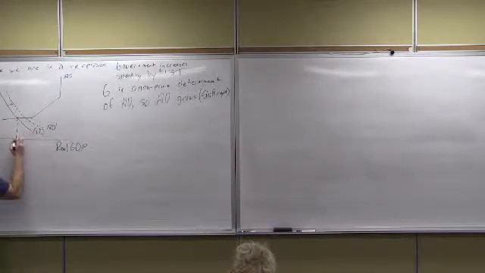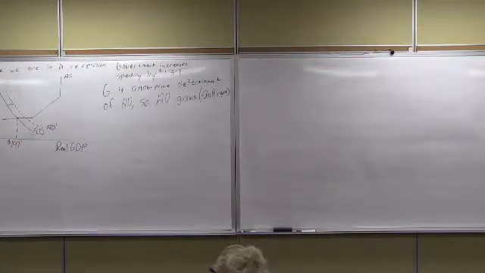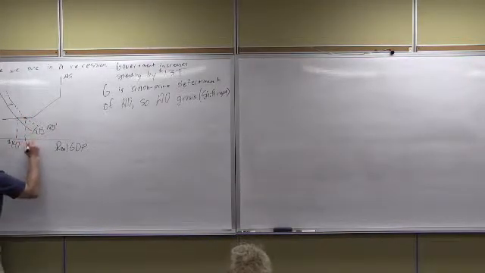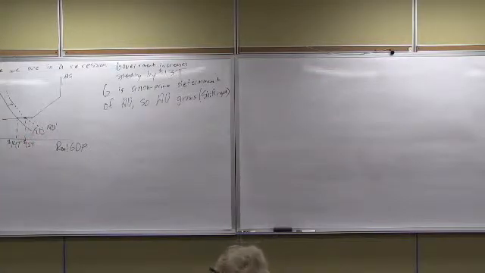CPI used to be 101, GDP used to be $14 trillion, this is 2008. In 2009, in 2010, what happened to GDP? Well, here is our new equilibrium. GDP went up to 15 trillion.